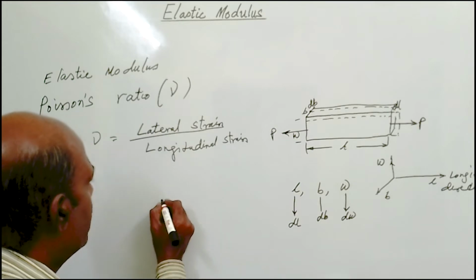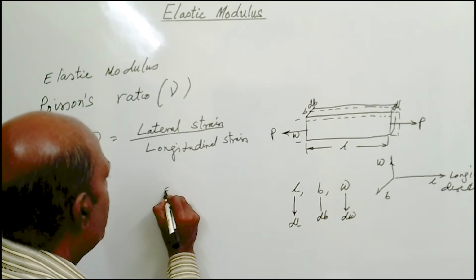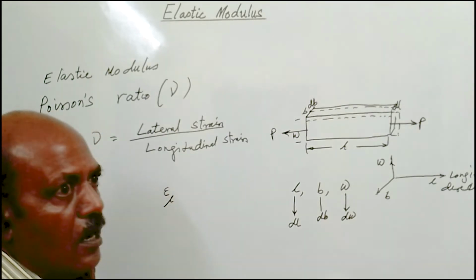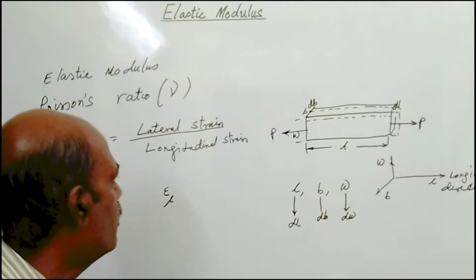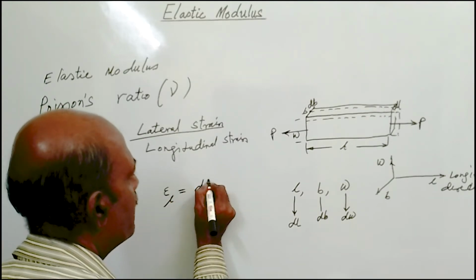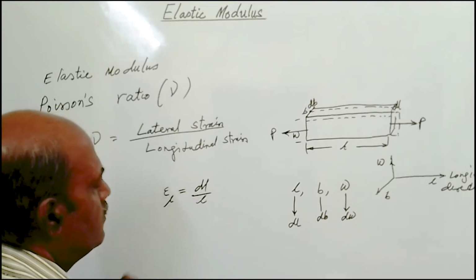Epsilon L is the longitudinal strain produced in the body, given by dl by L.